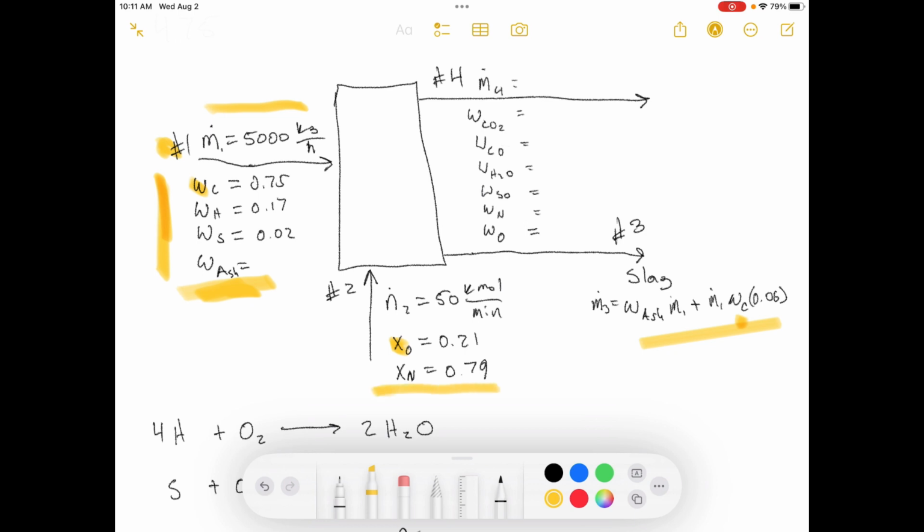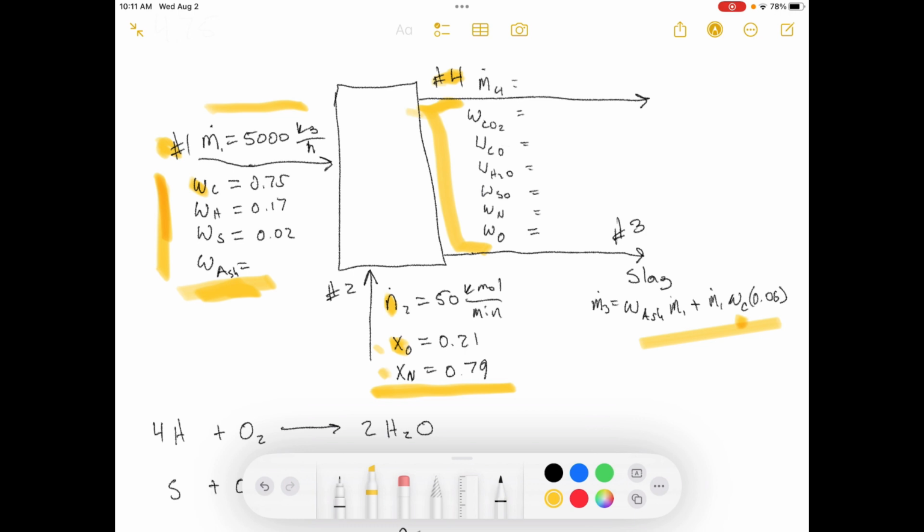All the ash goes out in the slag, and some of the carbon goes out in the slag. Then we've got a certain amount of air. The air that they gave to us was in a molar flow rate, and then these are the mole fractions of oxygen and nitrogen. And then we've got a whole host of elements and compounds coming out the stack, which is stream 4.